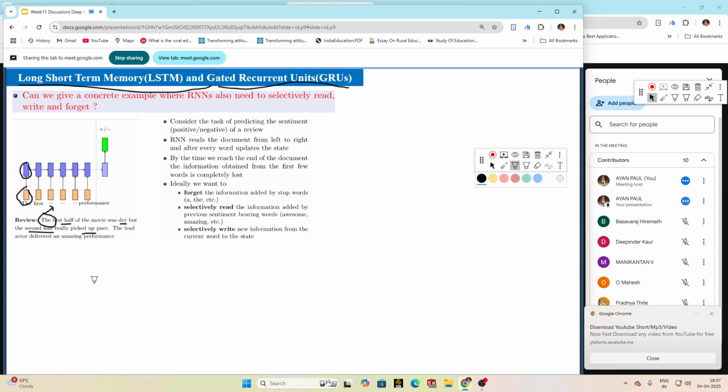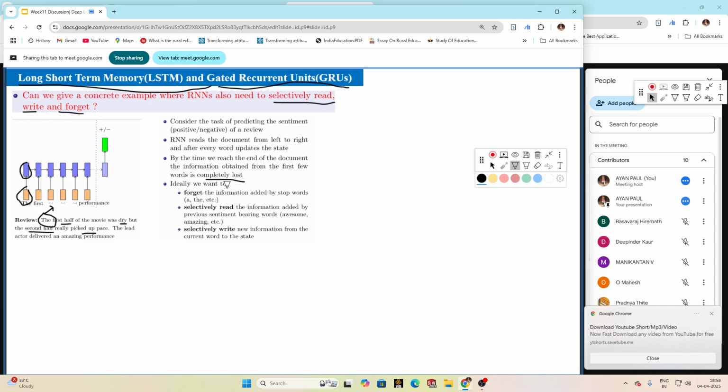So by the time we reach the end of the document, the information obtained from the first few words is completely lost, because at each time step we are bombarding it with new input. So in this case, again, what we will use are selectively read, selectively write, and selectively forget.